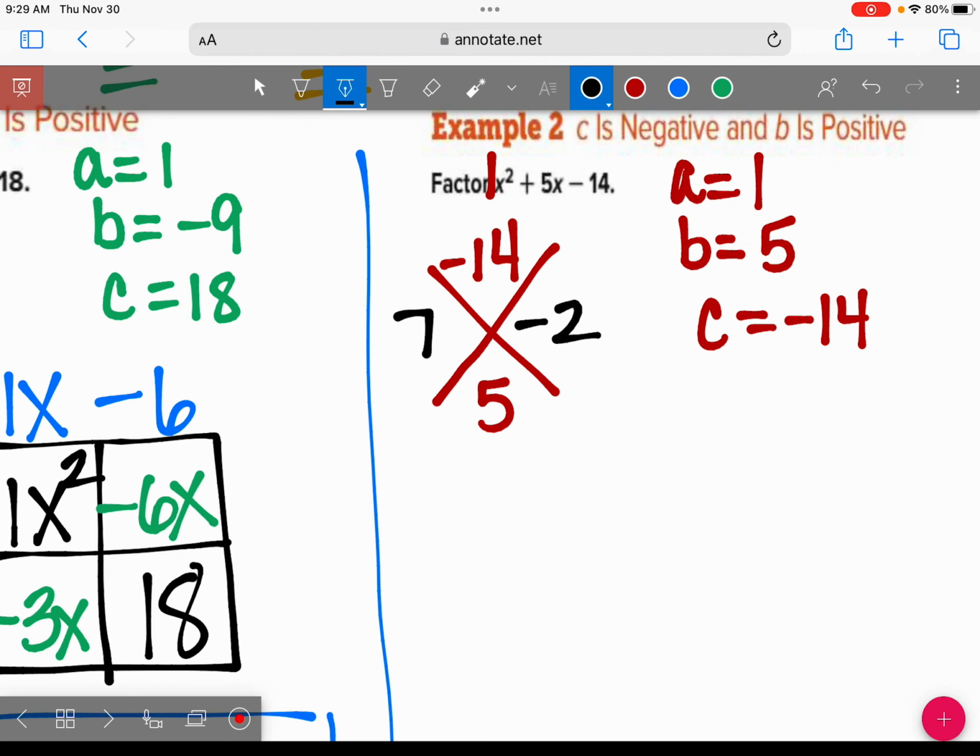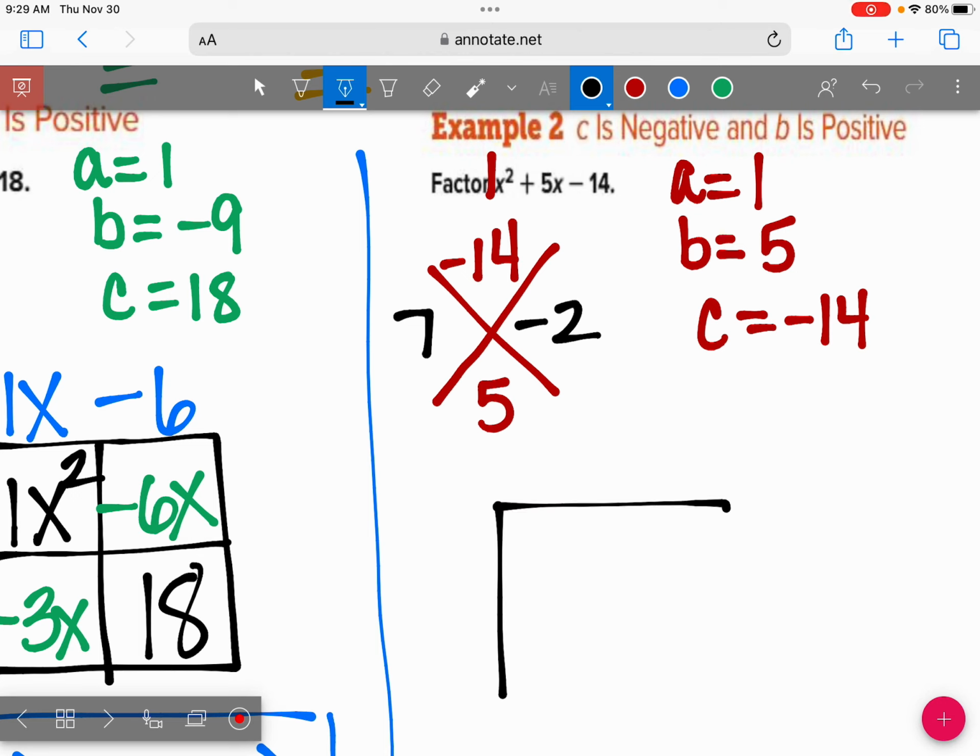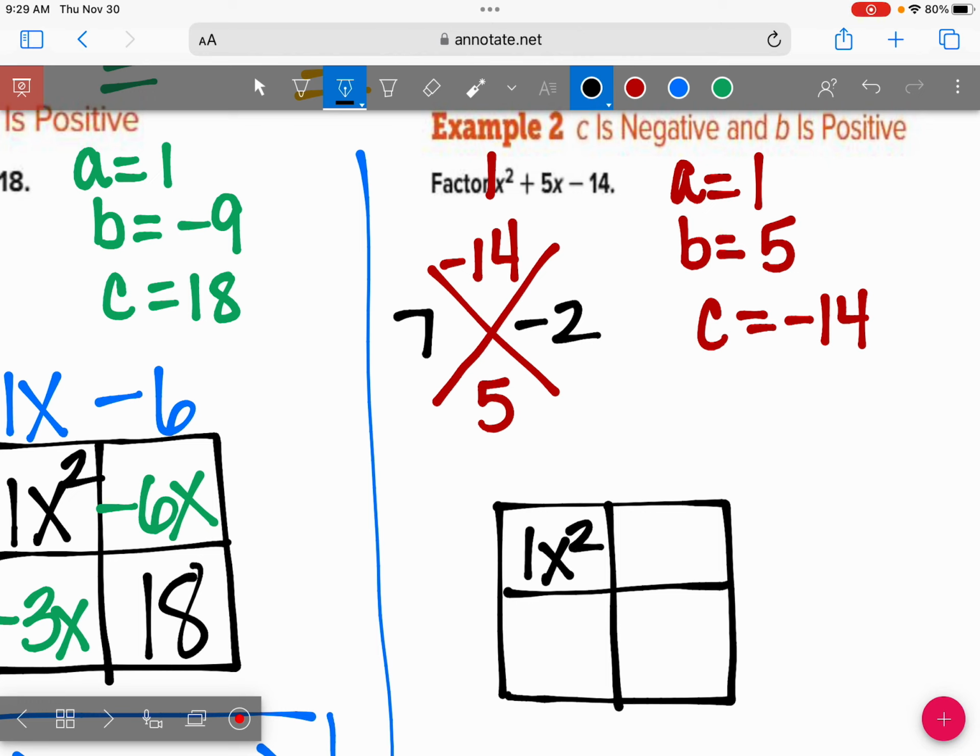Let's make our box. 1x squared goes in the top left. -14, bottom right. And the other two squares can flip-flop.